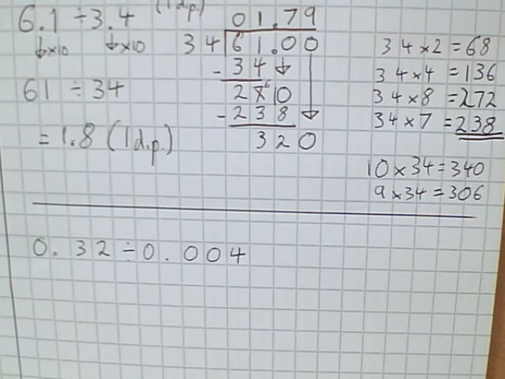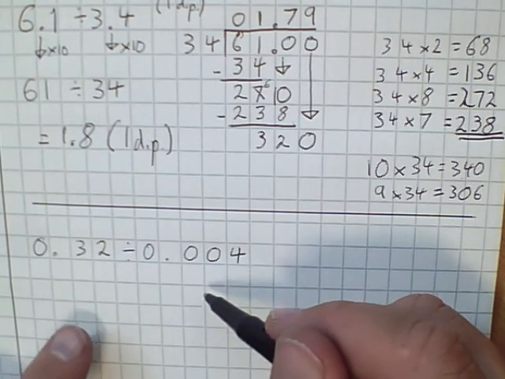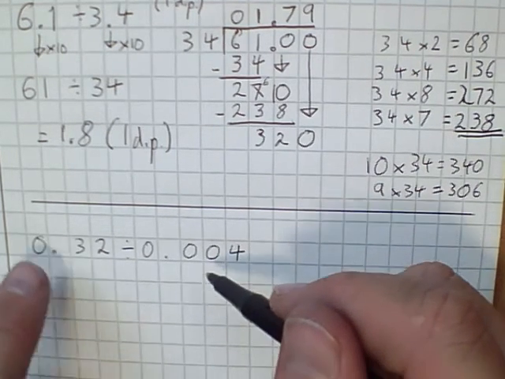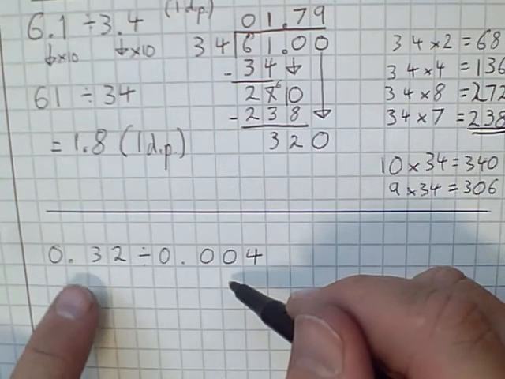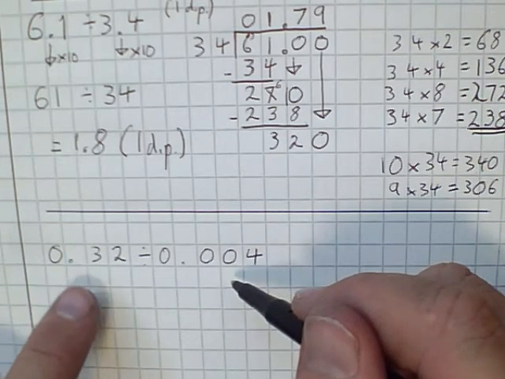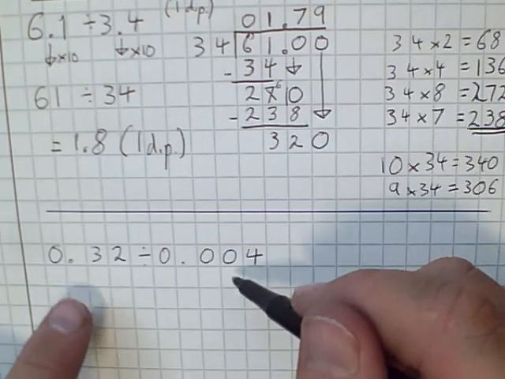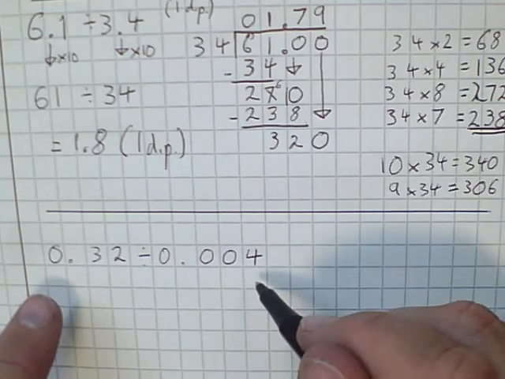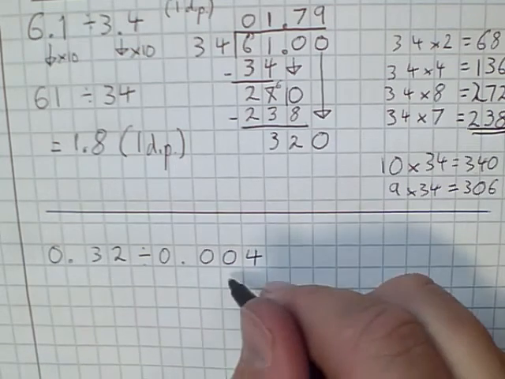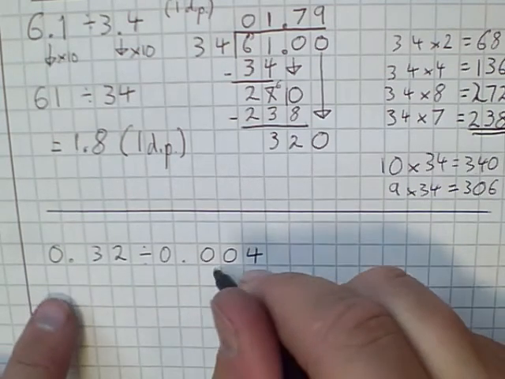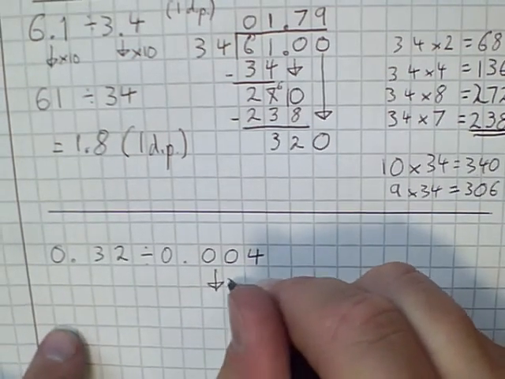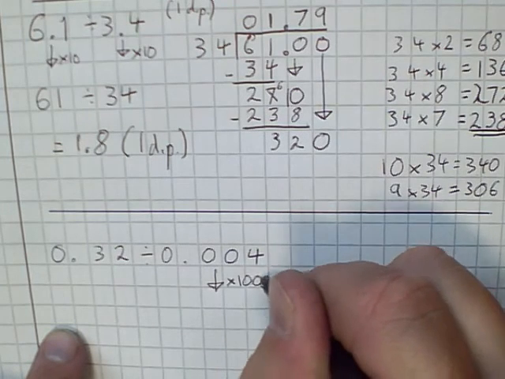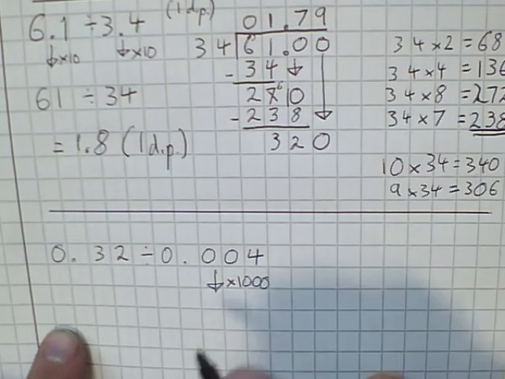But I need to remember that I'm going to times it by a power of 10. So 10 or 100 or 1,000, but I need to get rid of the decimals. So the amount which I need to times by is 1,000 in order to make that one into 4.